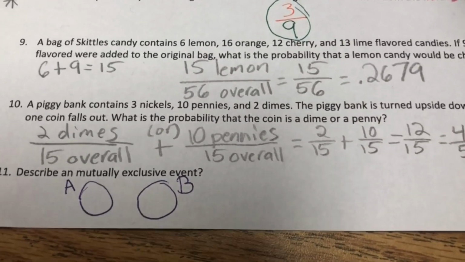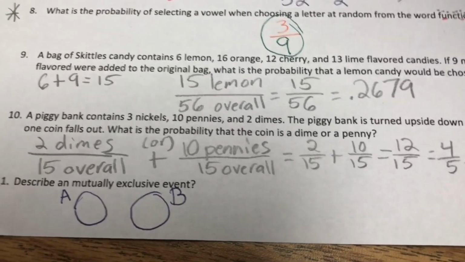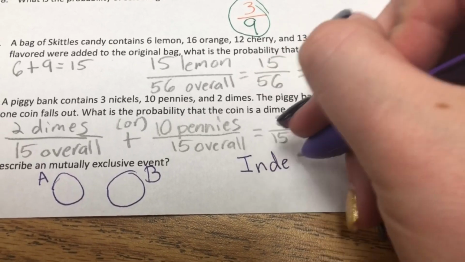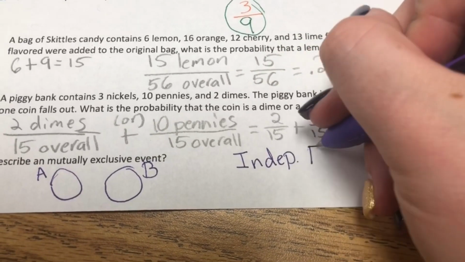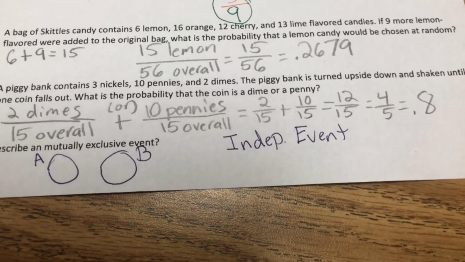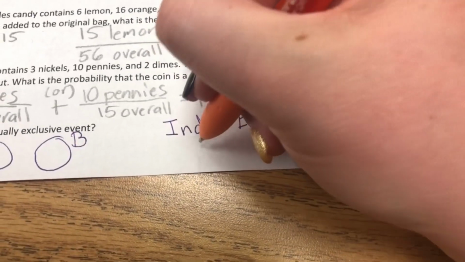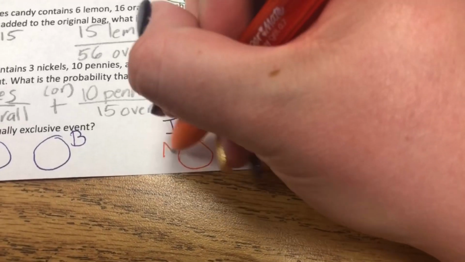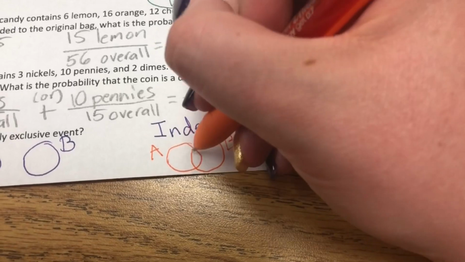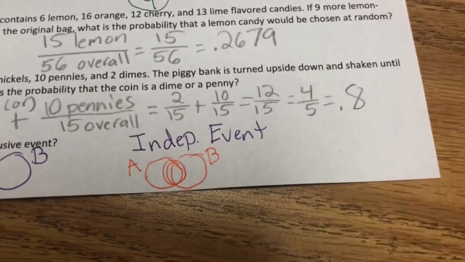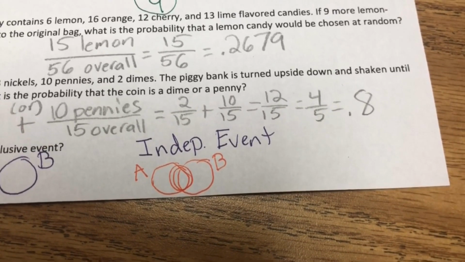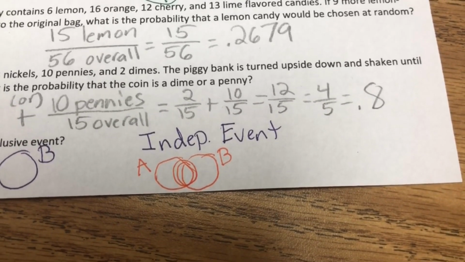Now, an independent event would be if situation A and situation B could happen at the same time, similar to one of our problems that talks about a piano and a clarinet.